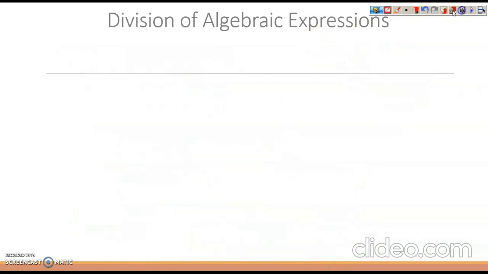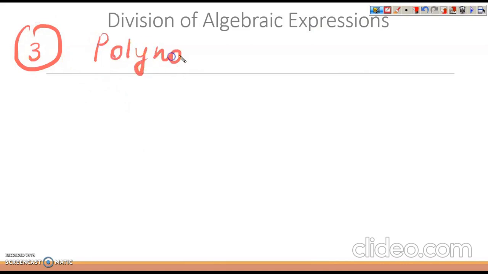Okay, now let's look at the third one. The third one is division of a polynomial by a polynomial. I'm writing in short form.